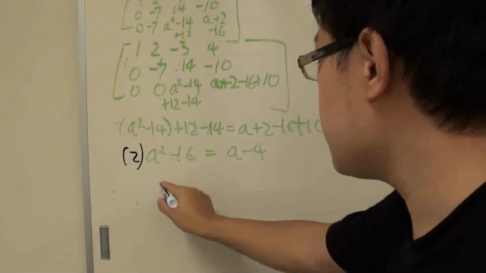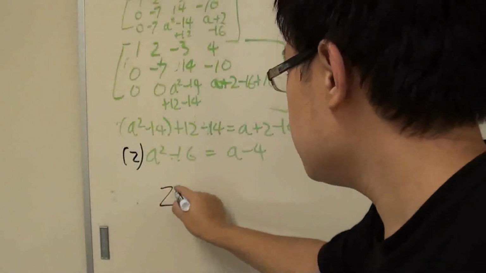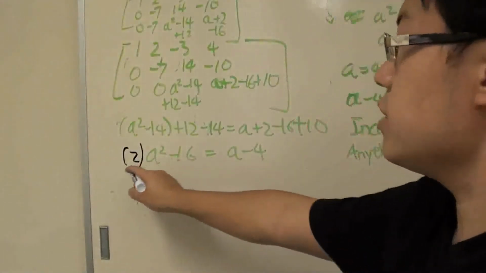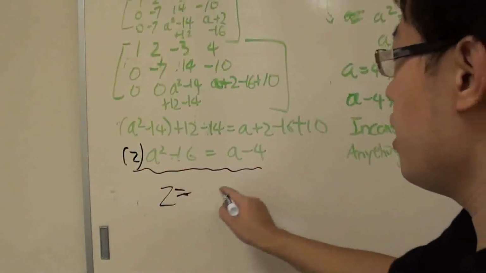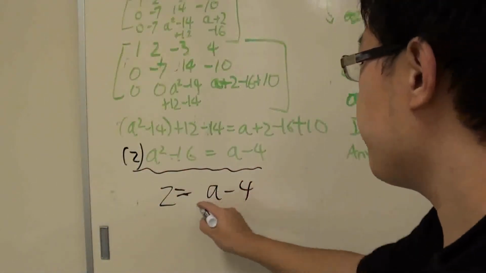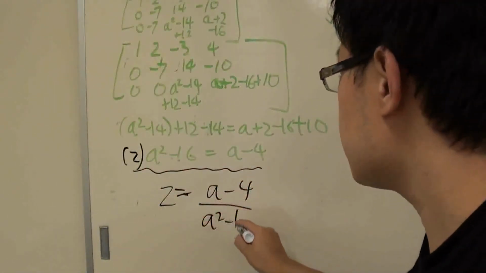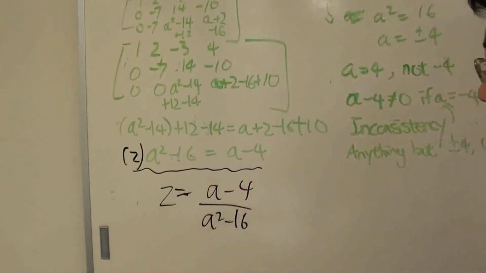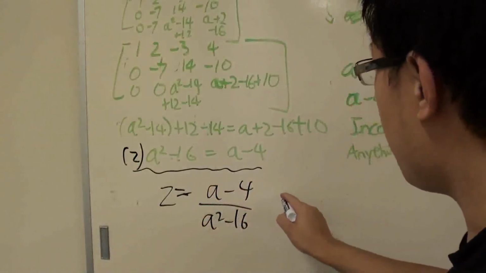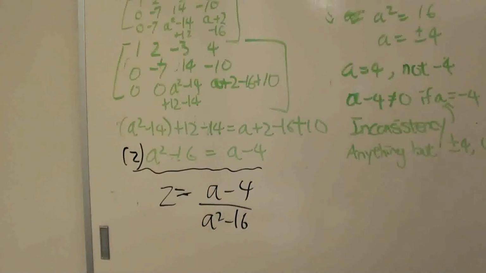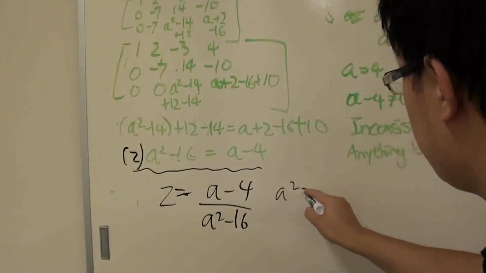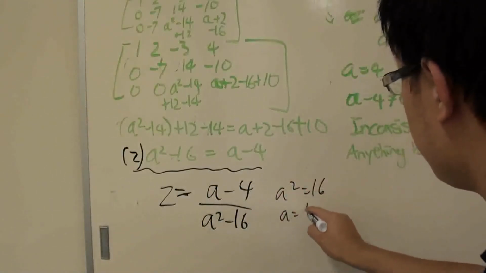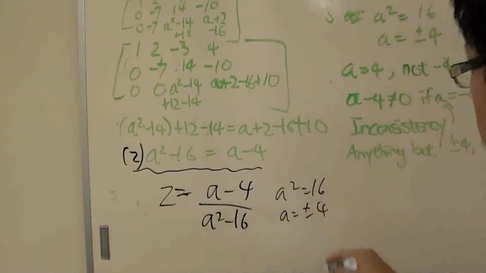If we use Maria's tactic, isolate for z. Z equals 2, so see this equation and follow along. A minus 4 divided by a squared minus 16. The only restriction for that is, what was that? It's a squared 16, so a is going to be plus or minus 4.